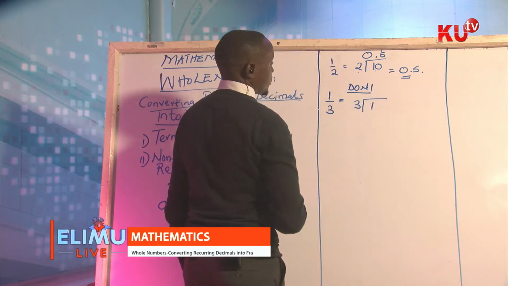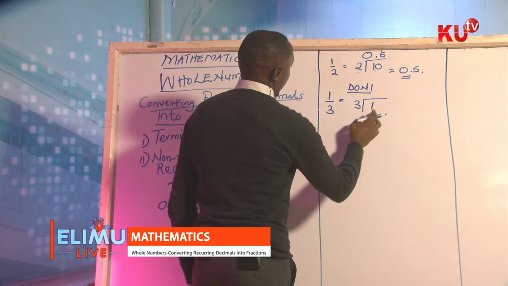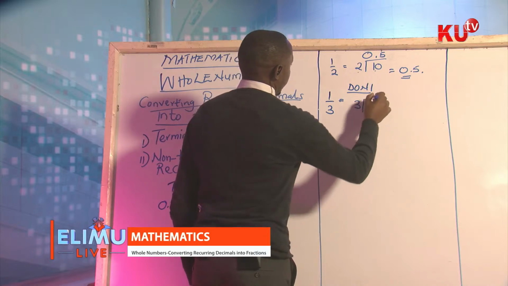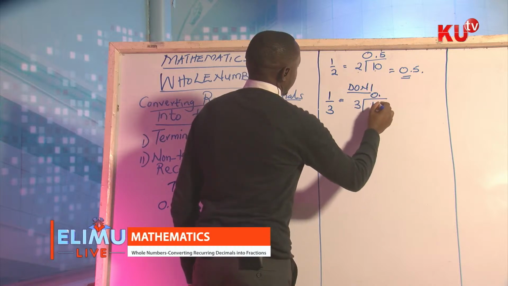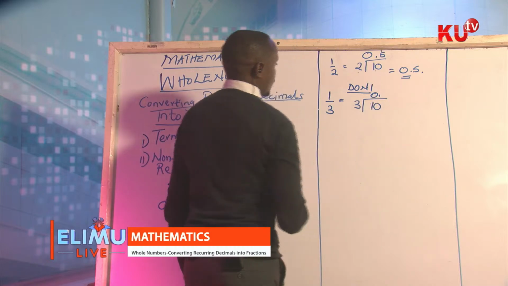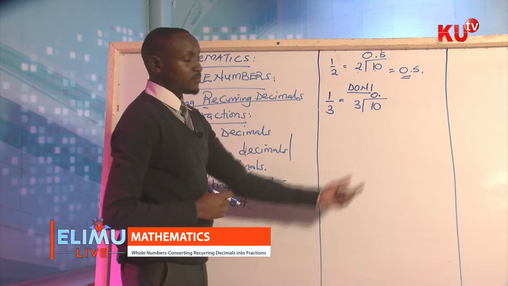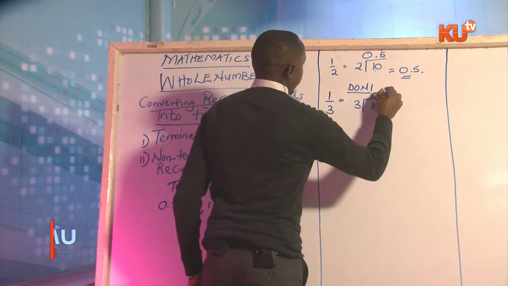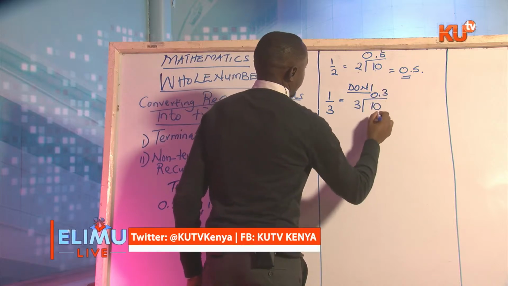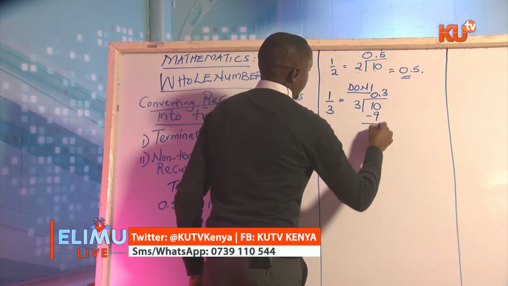Therefore, 1 is not divisible by 3, so it's not possible to divide 1 by 3. When you put a decimal point, you add 0 to 1, which makes it 10. So 10 divided by 3, 3 will get into 10 3 times. 3 times 3 is 9. When you subtract, you get 1.